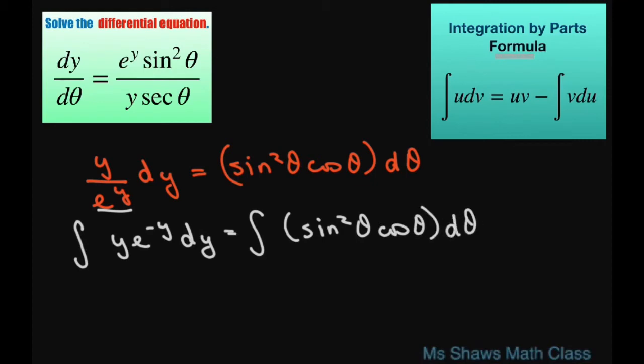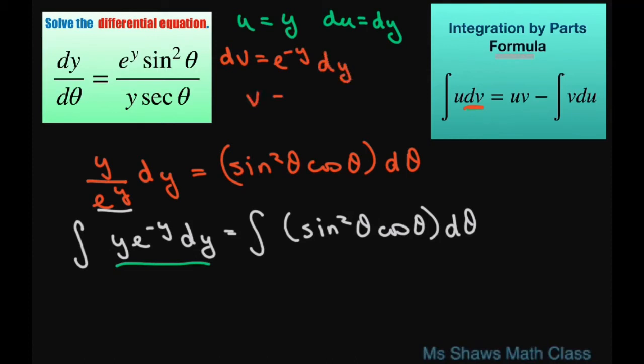Now on the left hand side, I'm going to use integration by parts and let u equal y. So du equals dy. I'm going to let dv here equal e to the power of negative y dy. So v is just going to equal negative e to the power of negative y.